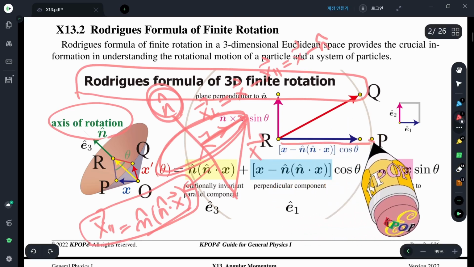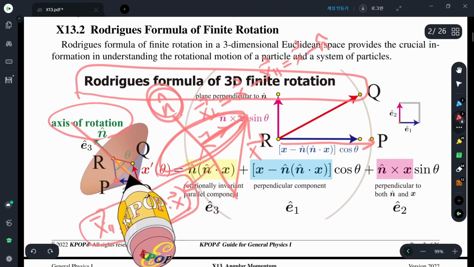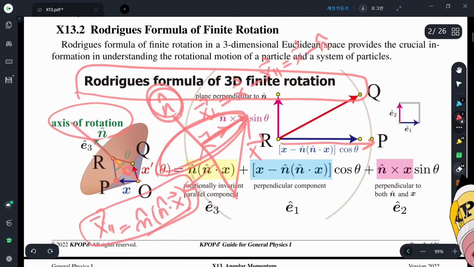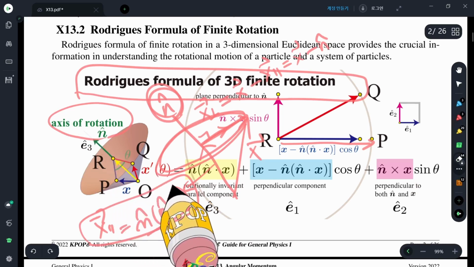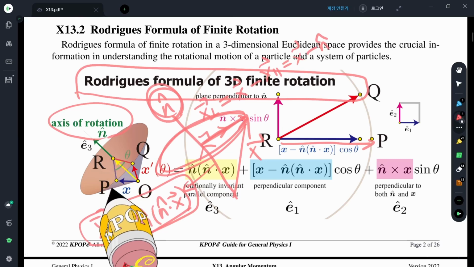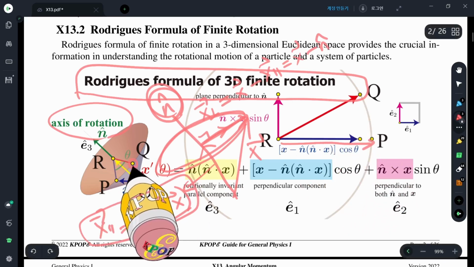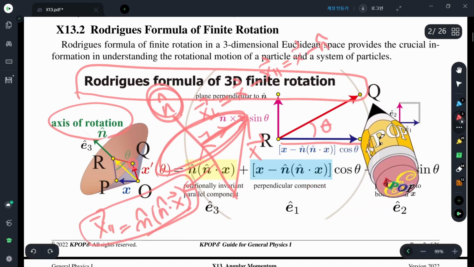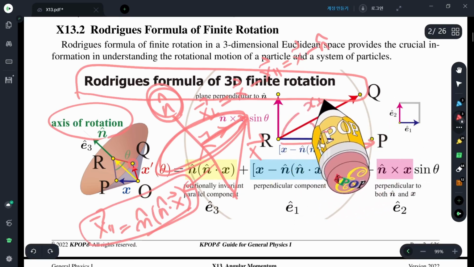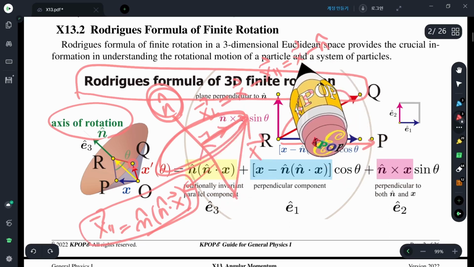This is point P. The axis of rotation, and the yellow one is a parallel component, and this purple line indicates the perpendicular component, and the perpendicular component rotates to arrive at point Q at angle theta, and the magnitude is x perp.